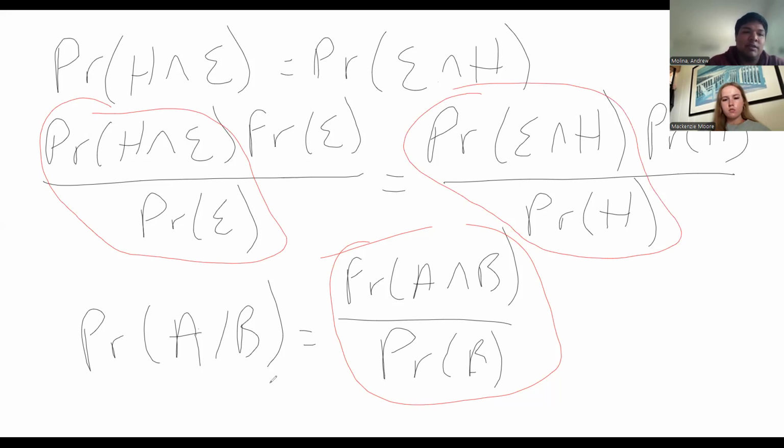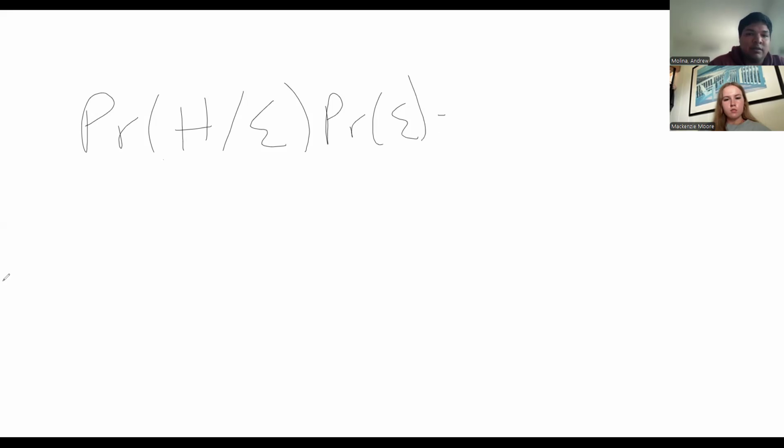So these parts of the equation will be able to be rewritten as the probability of A conditional upon B. So starting over and rewriting those parts of the equation, we get probability of H upon E times the probability of E is equal to the probability of E conditional upon H times the probability of H.